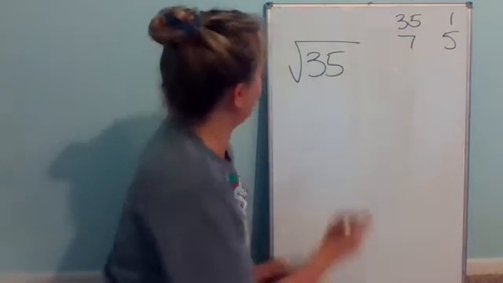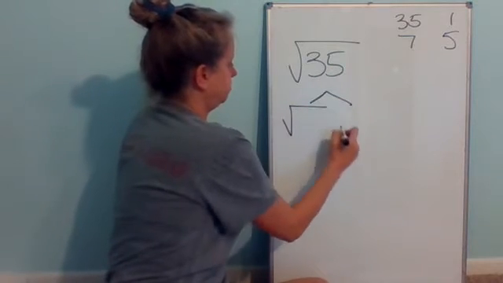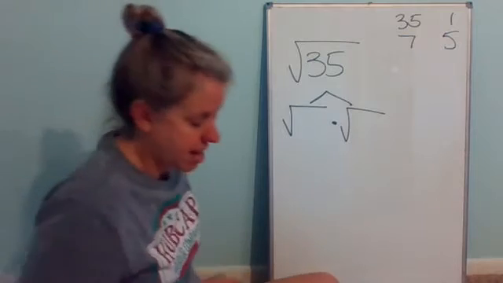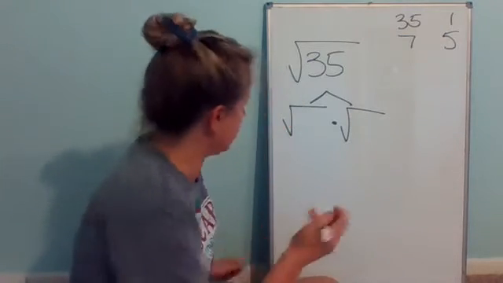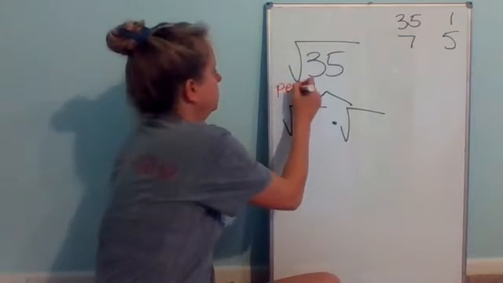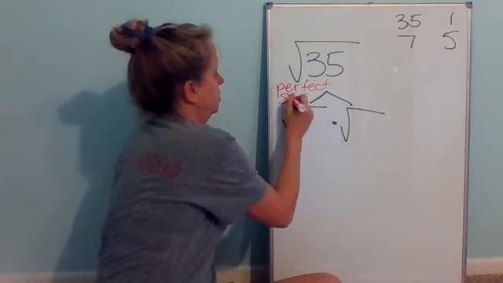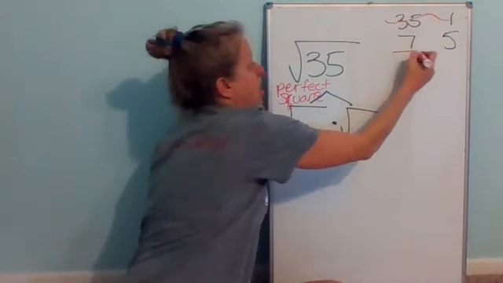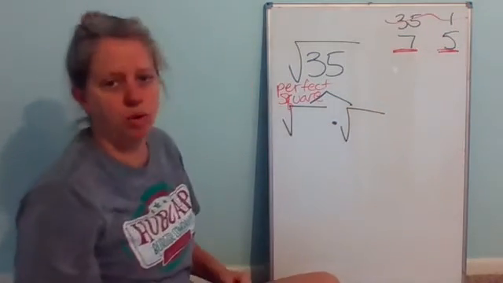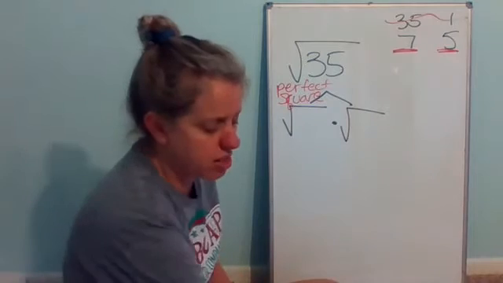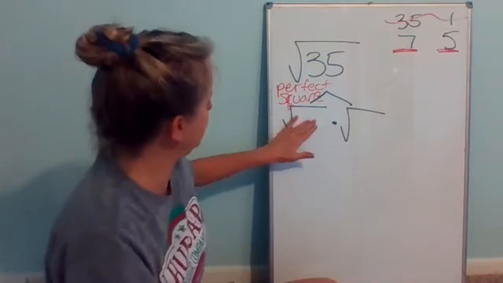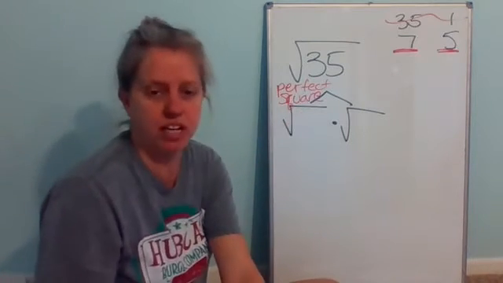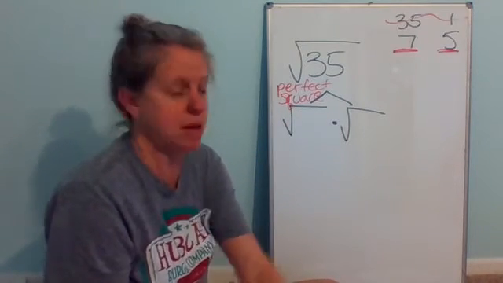So, if I'm going to break this apart into 2 numbers that multiply to equal 35, and this one has to be a perfect square, and this doesn't count, I'm looking at those two numbers only. Are either one of those a perfect square? Am I going to be able to put one of those numbers in this first radical and then take the square root of it on the next step? Not going to be able to, right?